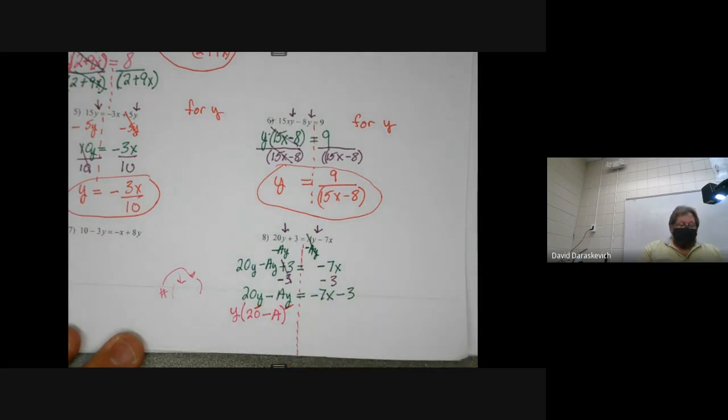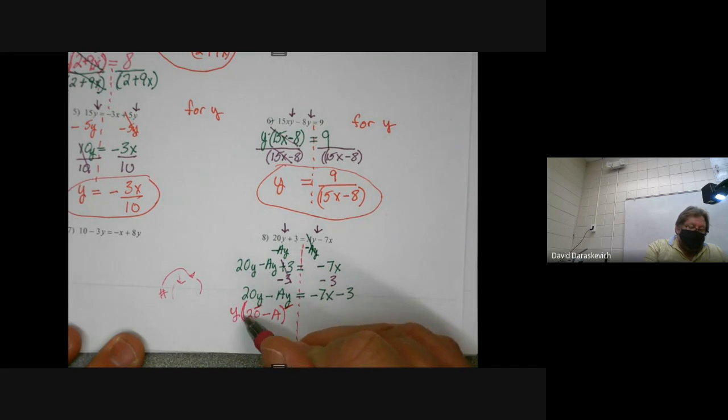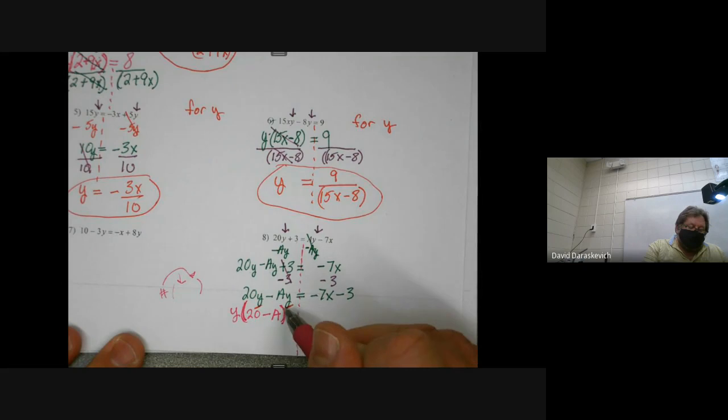So what this does, it gives me one term. Notice how it did the distributive property the other way. This gave me one term because now this is a number because of the parentheses. I'm multiplying it by another number, that's one term.